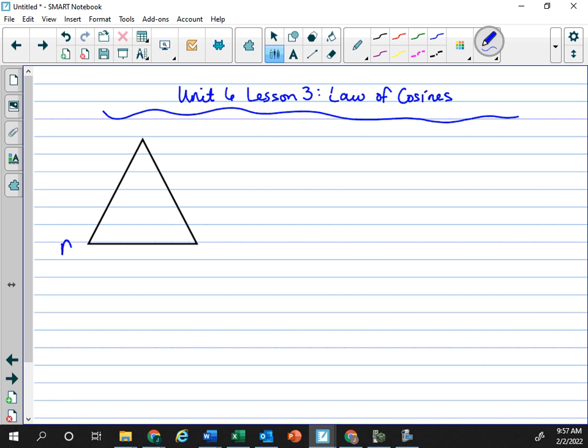All right, I'm going to label a triangle for you. So guys, what we were doing last time, the law of sines and the ambiguous case, finding 0, 1, or 2 triangles, all of that stuff, only applies if it's an ASS situation, okay?